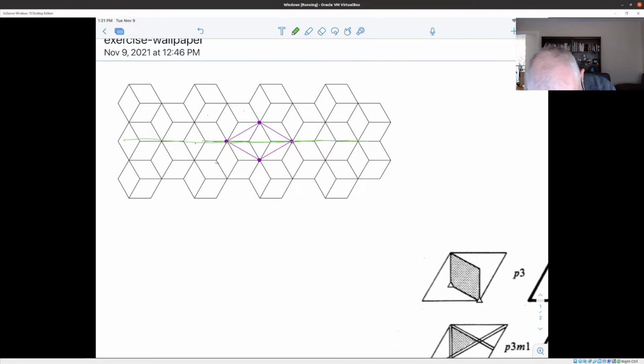And there's also an axis of reflection which goes this way, because if you reflect around that angle, this diamond here goes to this diamond here.